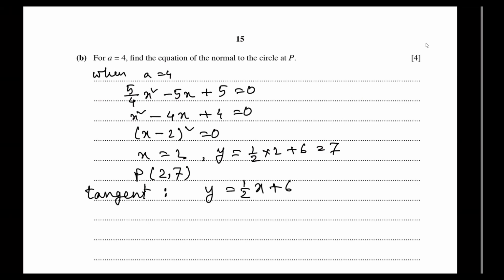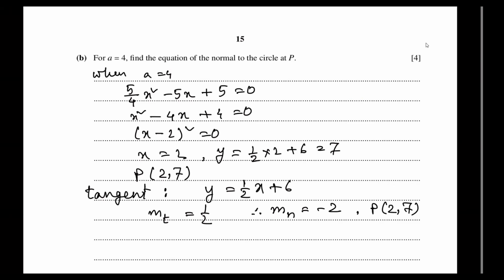The gradient of the tangent at P is half. Therefore, the gradient of the normal will be minus 2, perpendicular to it, the negative reciprocal of the gradient of the tangent. And this one passes through the point (2, 7).